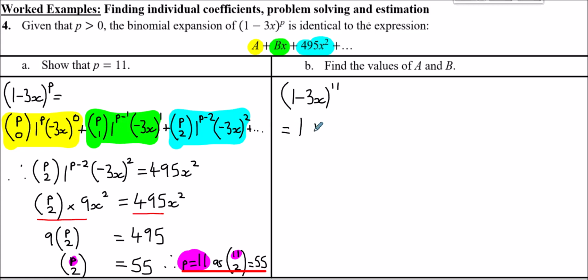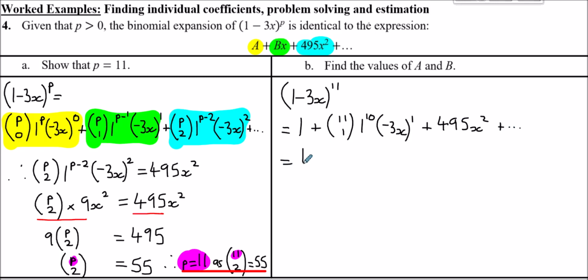This over here is going to be 11 choose 1, 1 to the power p minus 1, 11 minus 1 is 10, minus 3x to the 1, then plus 495x squared, because we're told that the third term is 495x squared.